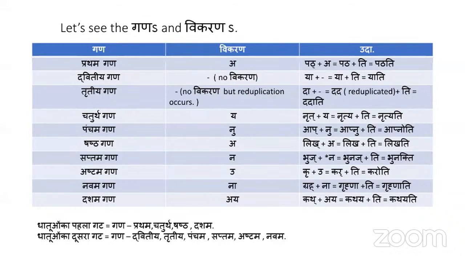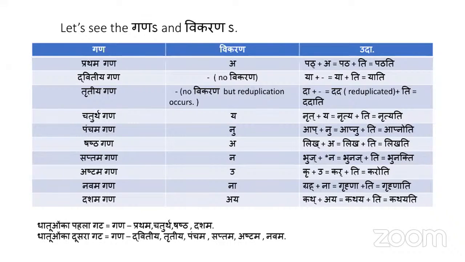Like this. Now see how this Dadati form is formed. Da is the root, but here you know very well that no Vikaran is added. That's why nothing is added after that Da. But reduplication occurs. That means the letter da comes twice in dadati, right?